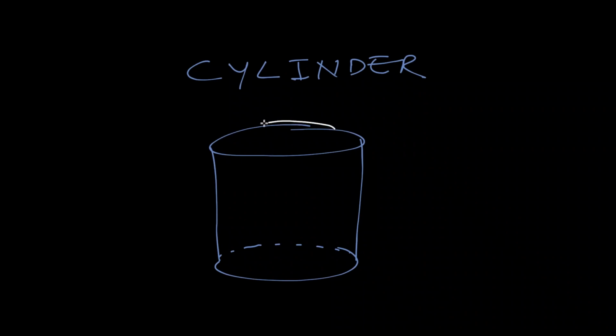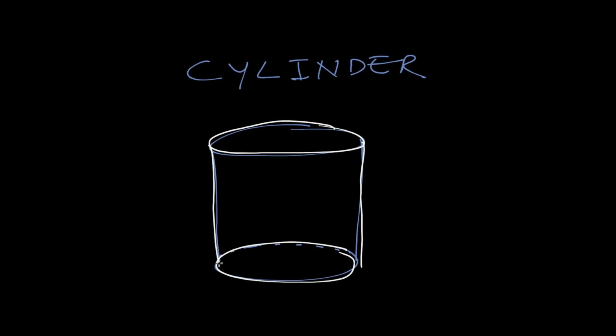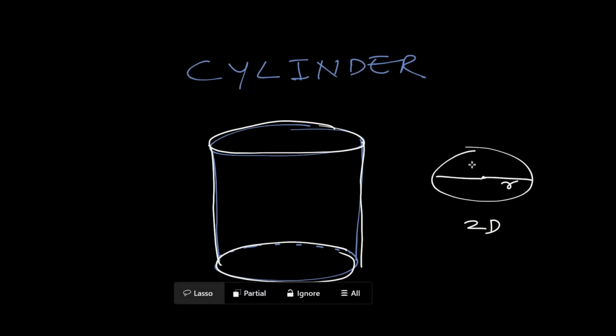So this is going to be the first circle and this is the bottom circle, and having the height as this, it is called the cylinder. In the same way, can we consider this circle as a 2D shape? Yes, it is a 2D shape, having center at this point and radius r. If you consider this one, it is going to be a diameter, which is d.